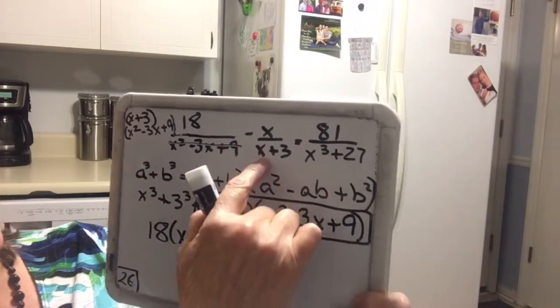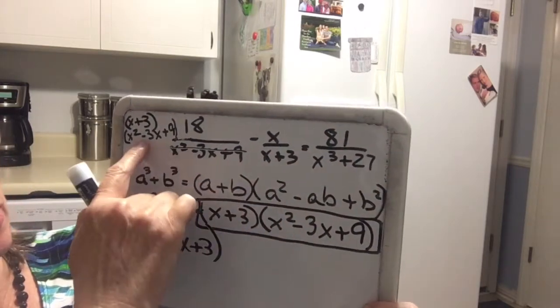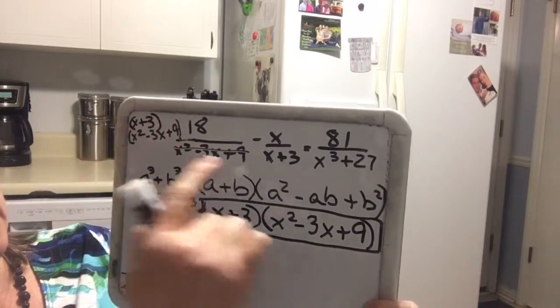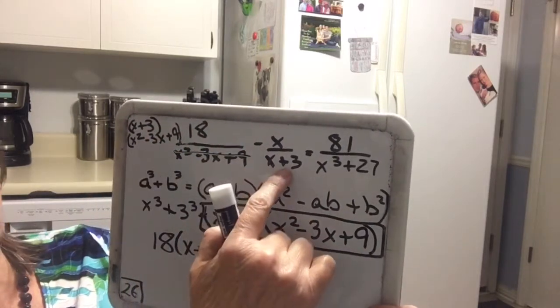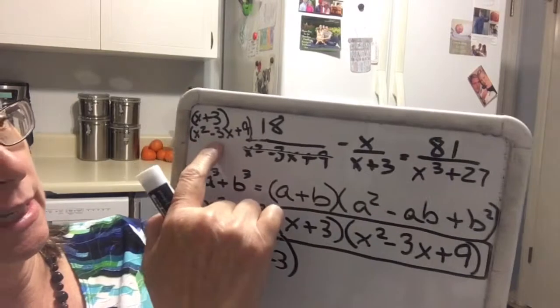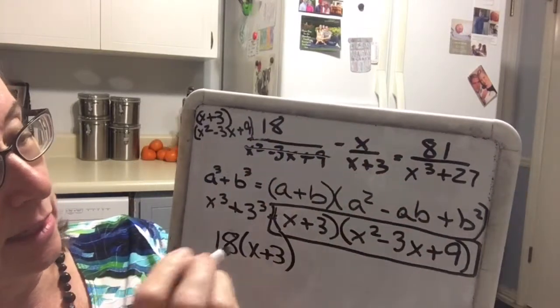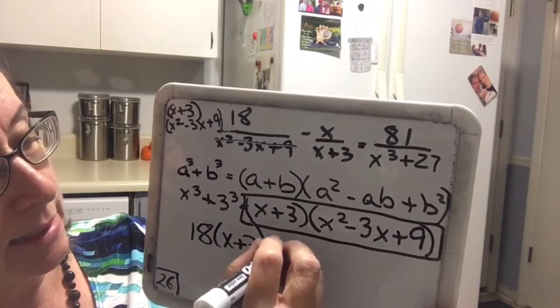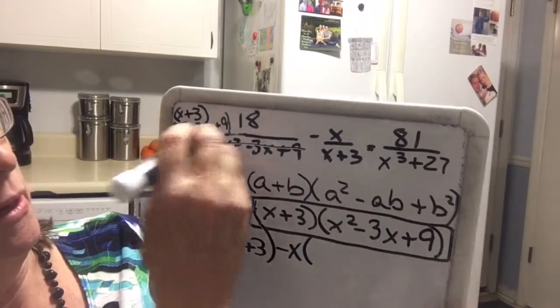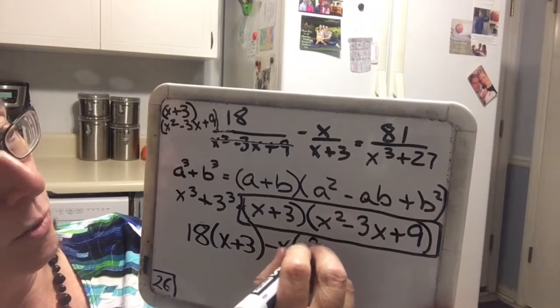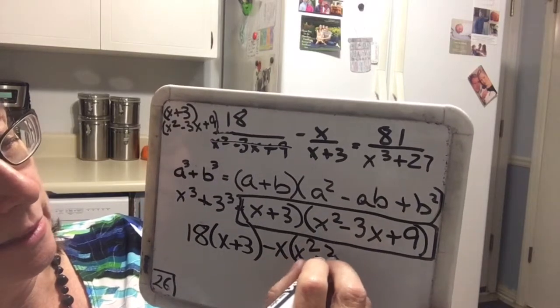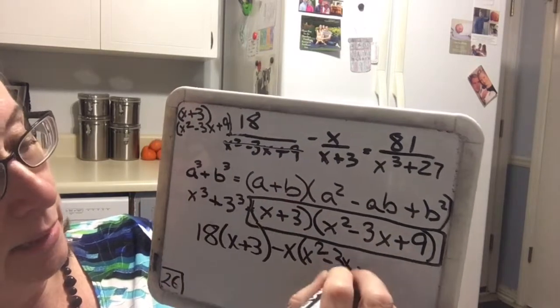So then we move to the second term. And on this term, my LCD is going to just cancel the x plus 3. And it's going to leave this trinomial times a negative x. So we're going to have negative x times the trinomial x squared minus 3x plus 9.